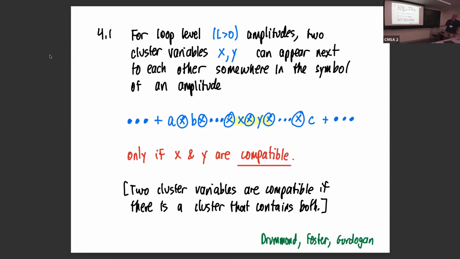Two cluster variables can appear next to each other in the symbol of an amplitude only if they're compatible. And this is compatible in the mathematical sense. Two cluster variables are compatible if there is a cluster that contains both of them. Correspondingly, if two cluster variables are not compatible, you'll never see them sitting next to each other in the symbol of any amplitude. This is what we call loop level cluster adjacency.